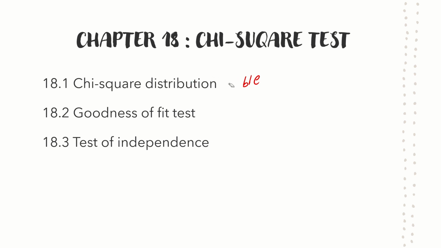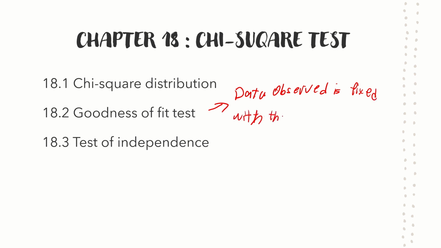The second and third topic is the most important chapter, which is the goodness of fit test. Goodness of fit test, what is this? It is a test of whether the data you observe fits a distribution or not.